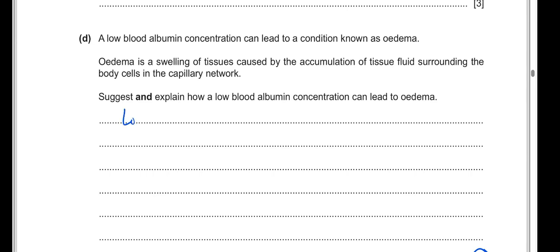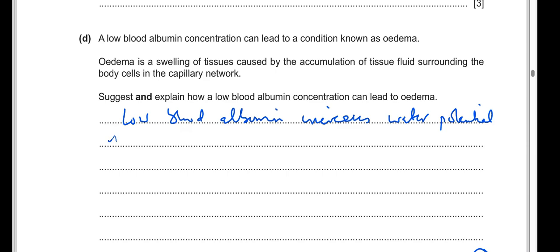So low blood albumin increases water potential of blood.